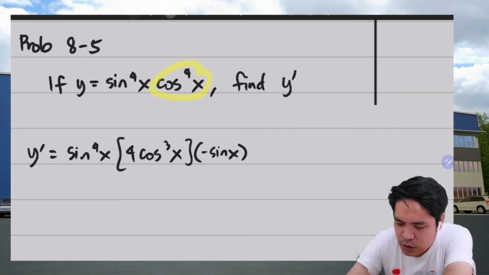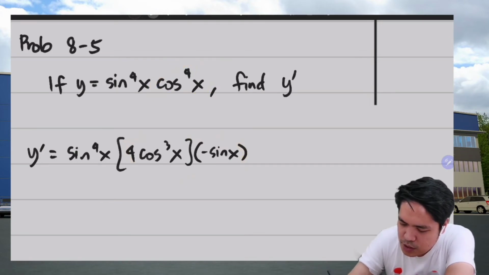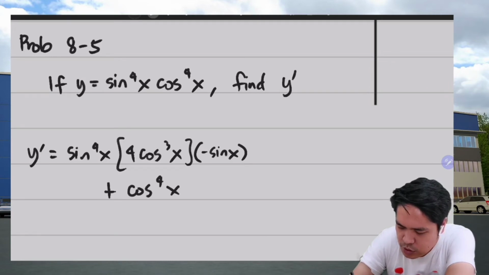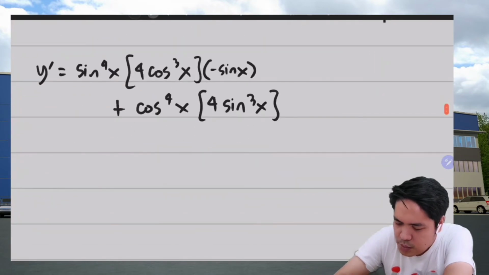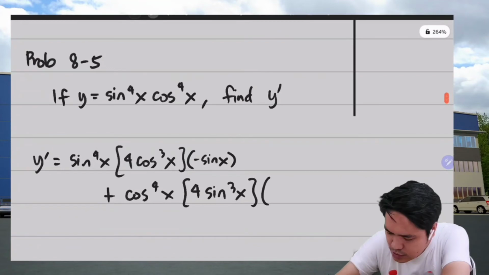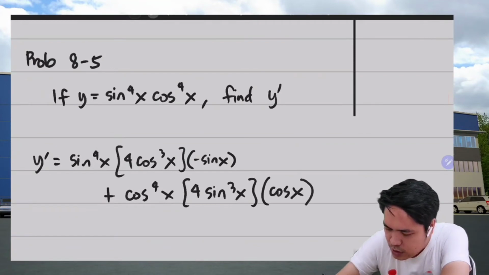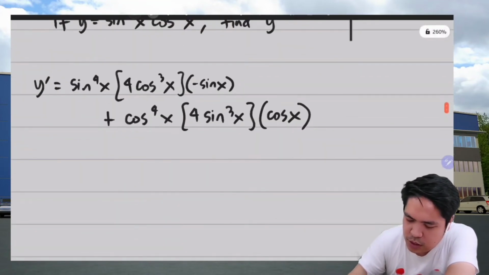Again, the derivative of this is just this. Okay? Then let's proceed. Plus, copy the second factor: cosine raised to 4x times the derivative of the first factor. That would be 4 sine cube x times the derivative of sine x, which is cosine x. Okay? So, same as before.